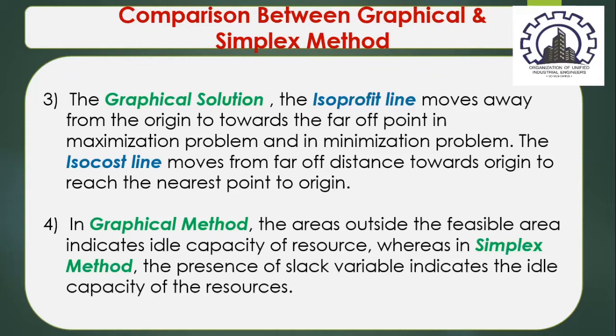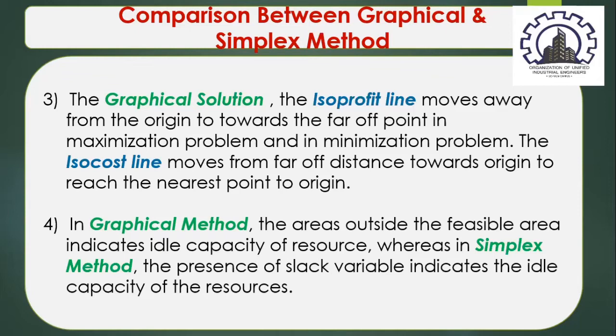And the fourth comparison between the graphical and simplex method, that would be in graphical method, the areas outside the feasible area, which refers to the area covered by all the lines of constraints in the problem, indicates idle capacity of resource, whereas in simplex method, the presence of slack variable indicates the idle capacity of the resources.